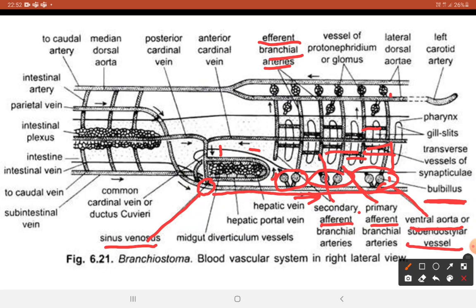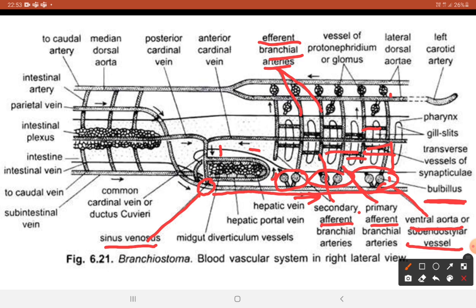Now these efferent branchial arteries are these. Okay, now these are the efferent branchial arteries. When blood reaches these efferent branchial arteries, what happens? The blood has come from the afferent arteries to the gill bars, and when the water enters through the mouth into the pharyngeal region, water also carries oxygen in it, right?